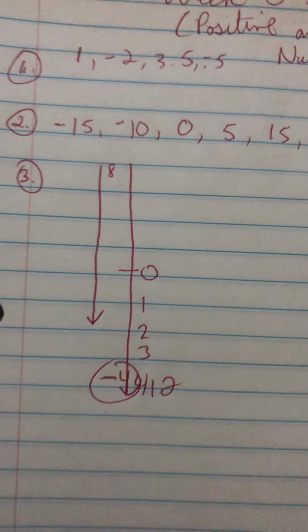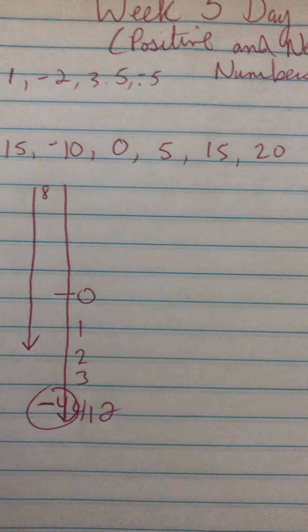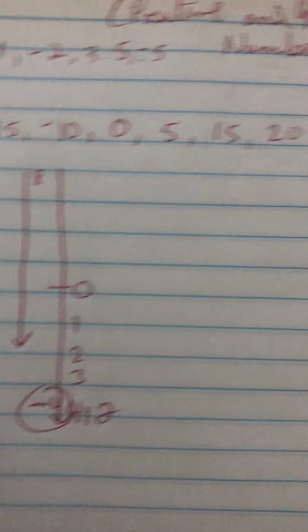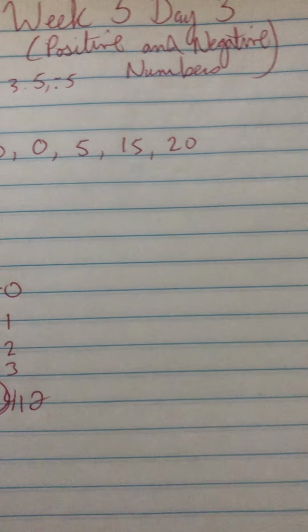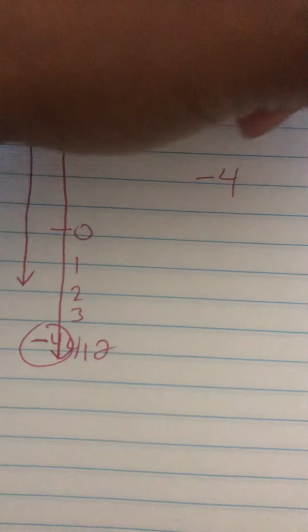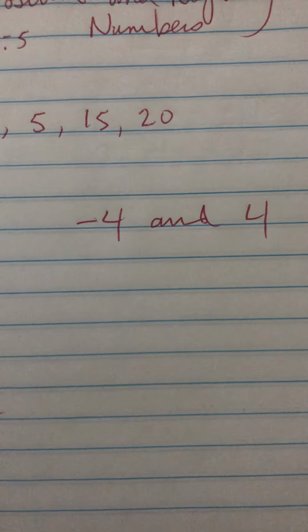All right. Number 4. That one says two opposite numbers are 4 units away from each other. What are the numbers? When we think about the term opposite numbers, we have -4 and 4. Those are considered opposite numbers.